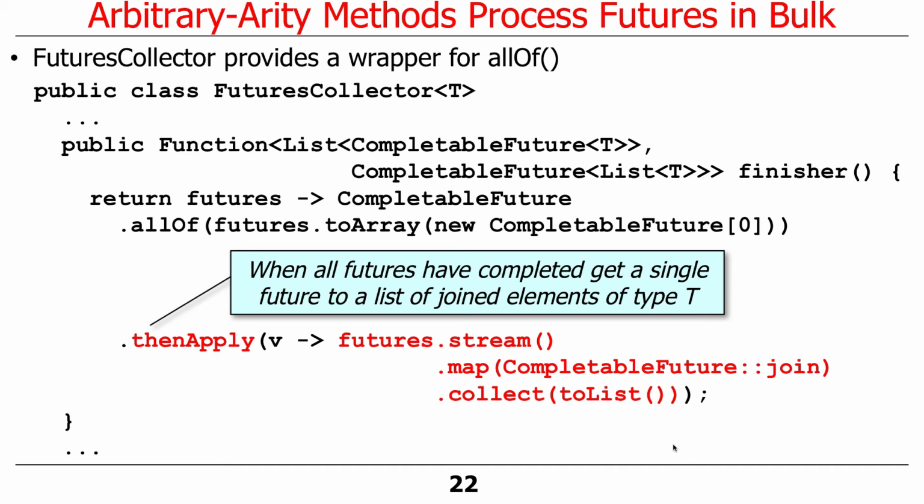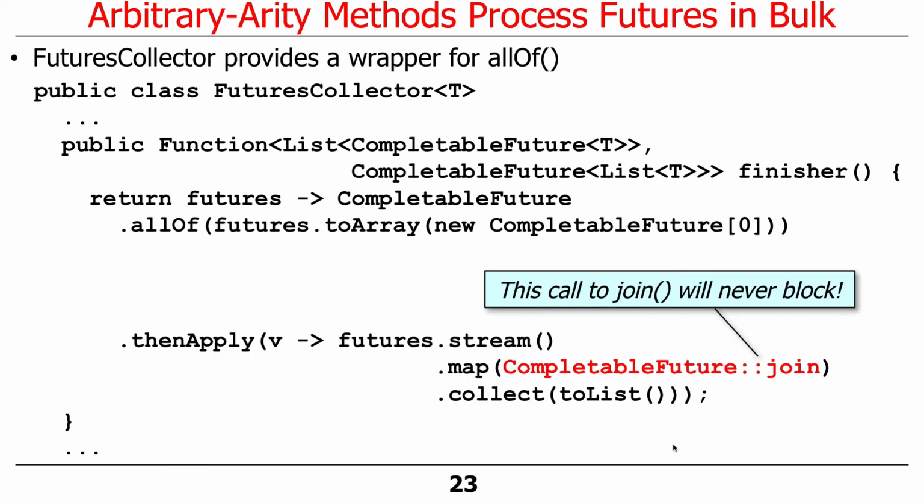And then we collect all of those now values of type T into a list. So, sorry, we get back a completable future to a list of T. So thenApply returns a completable future, which we can then wait on.